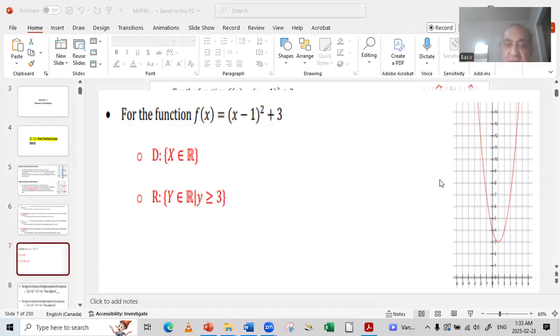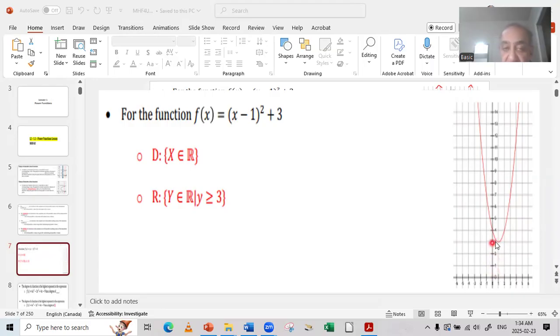The domain, which is for X, goes horizontally, so any point here represents X. So X belongs to all the real numbers. But Y is the vertical, so it starts from 1, 2, 3. It starts from 3 here. That means I cannot say it starts from 0 at this point. No, it starts from 3 here.